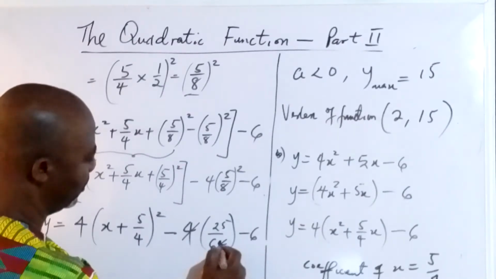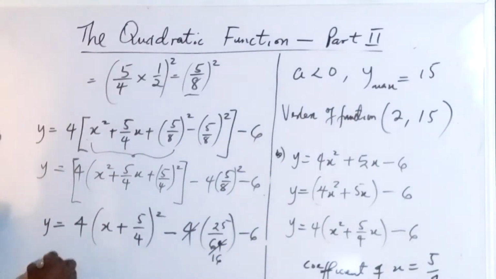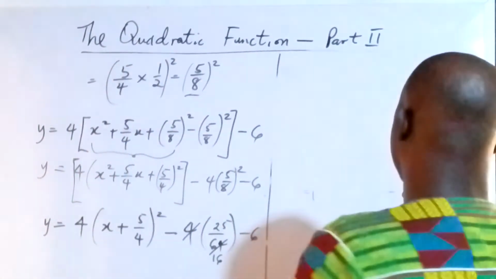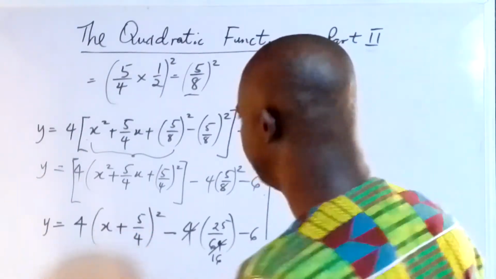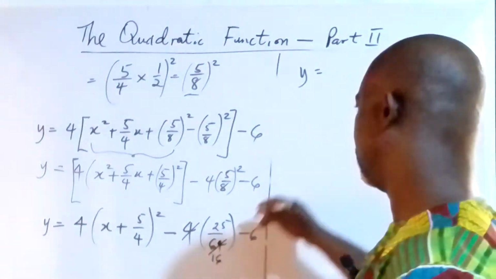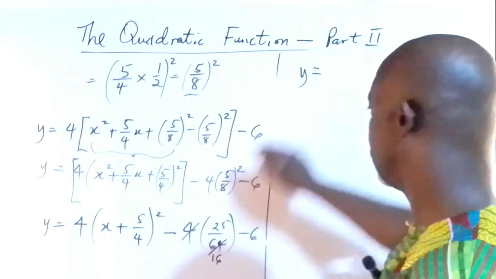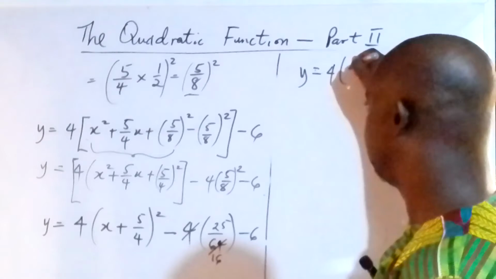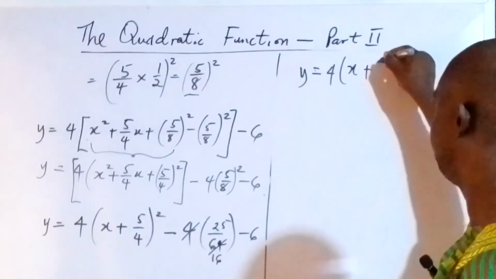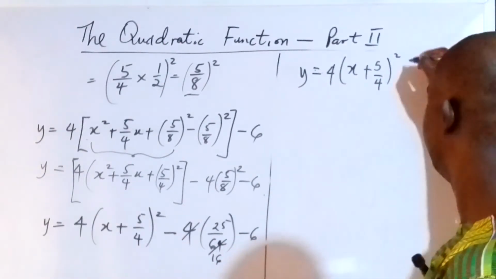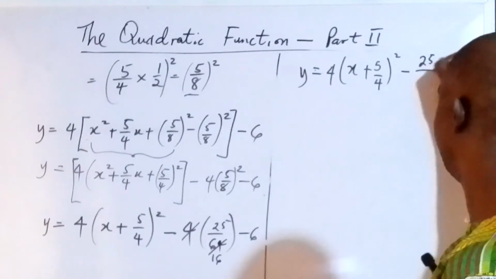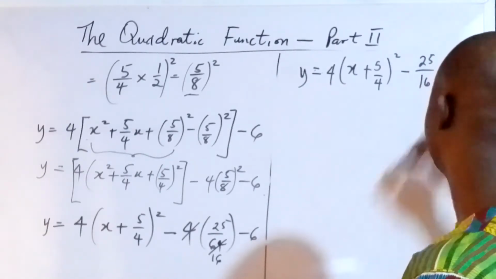This is 1 here, 16. So we have y equal to 4. We are getting close to the final result. So we have 4 brackets x plus 5 over 4 squared, then this will be minus 25 over 16, then minus 6.